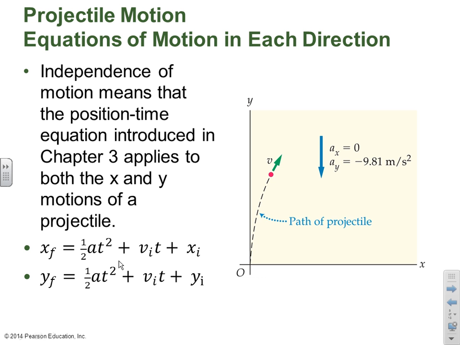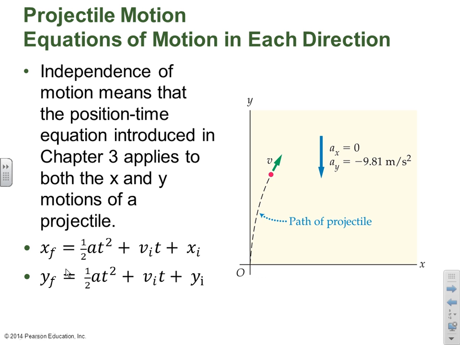Those equations will hold true for an object that is moving in 2 dimensions. It's just that we need 2 equations, one to represent the horizontal motion and one to represent the vertical motion. That's why one of them is x and one of them is y, because one represents the horizontal part, one represents the vertical part.